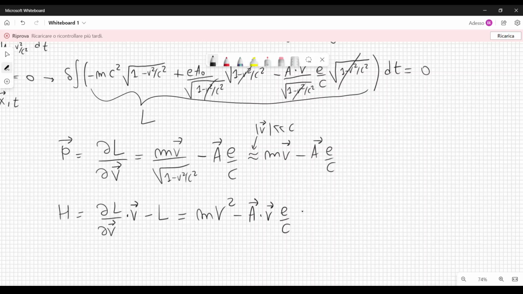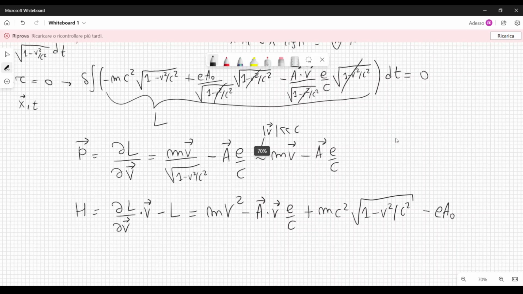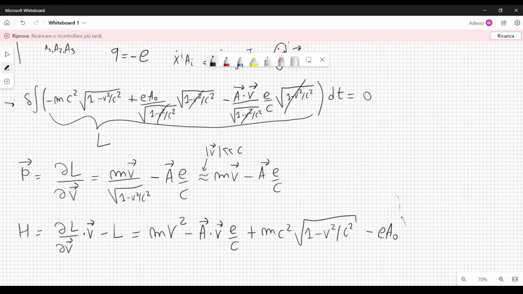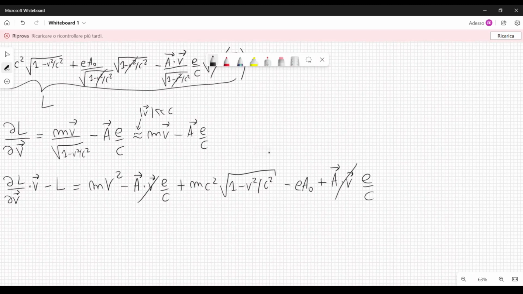And then I have plus mc squared times the square root of 1 minus v squared over c squared minus ea0. And then I have plus a dot v times e over c. This will cancel this one. And this expression here can also be written as mc squared over square root of 1 minus v squared over c squared times 1 minus v squared over c squared.